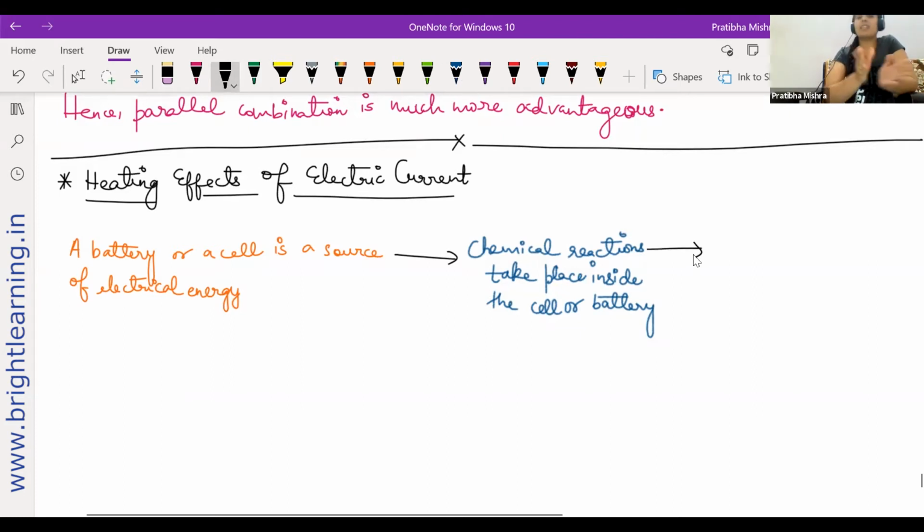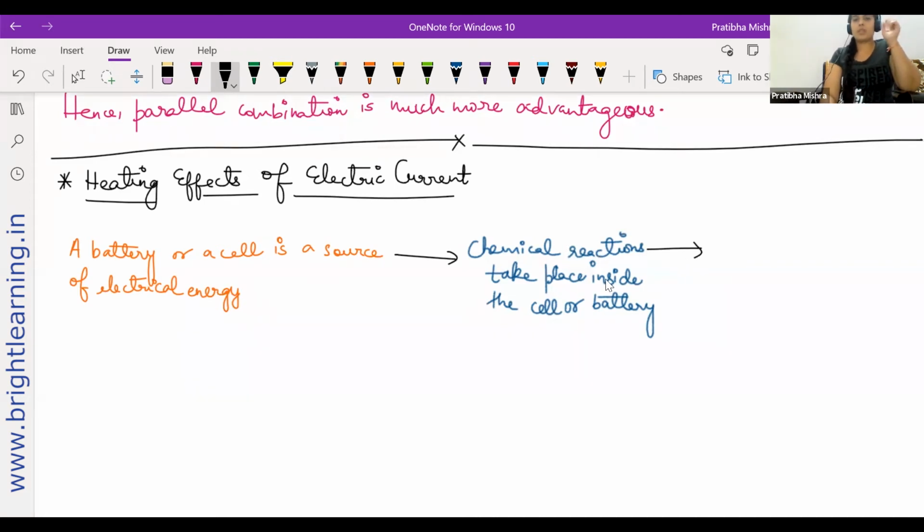Because of the chemical reactions, electrons will get some movement. Electrons will start moving here and there. Because of the flow of electrons, what is produced? Charge is produced. Because of the production of charge, current is produced, right? That's the way it works.